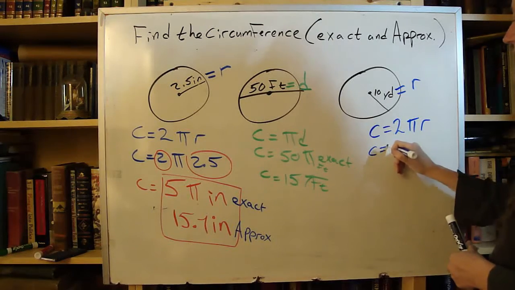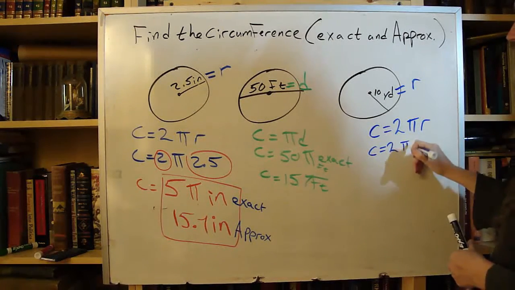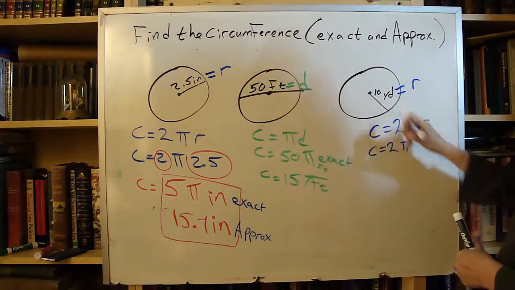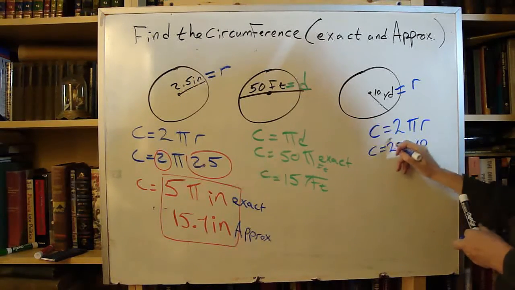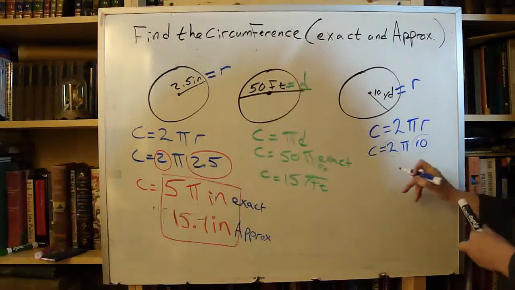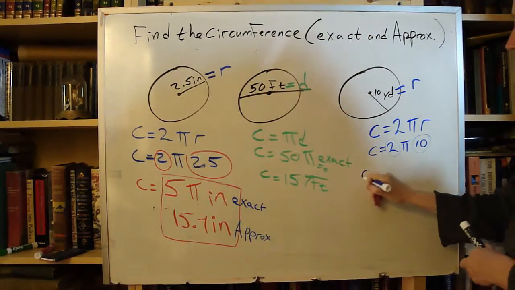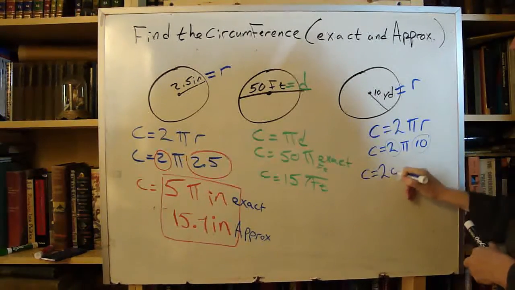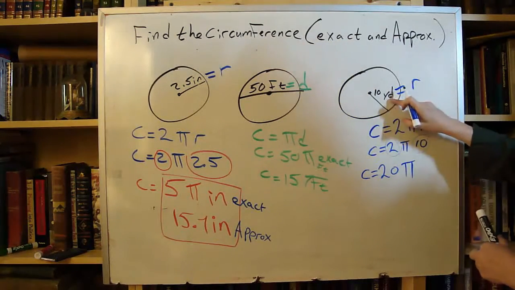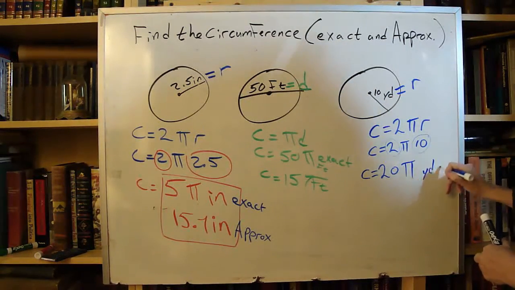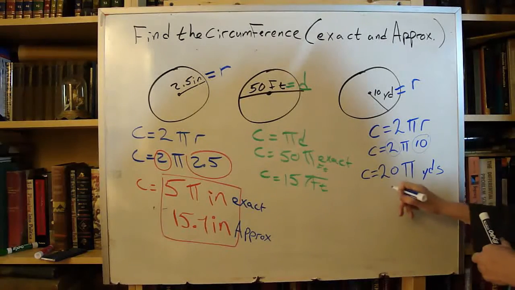So my circumference is 2 times pi times 10. Multiply the 2 and the 10 together. Circumference is 20 pi. Throw my units on the end. That is my exact answer.